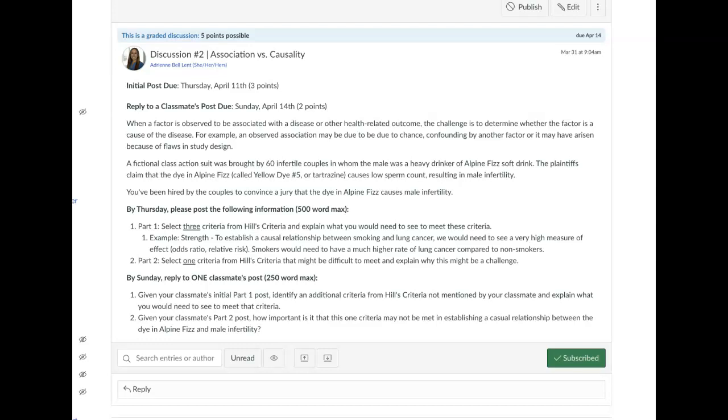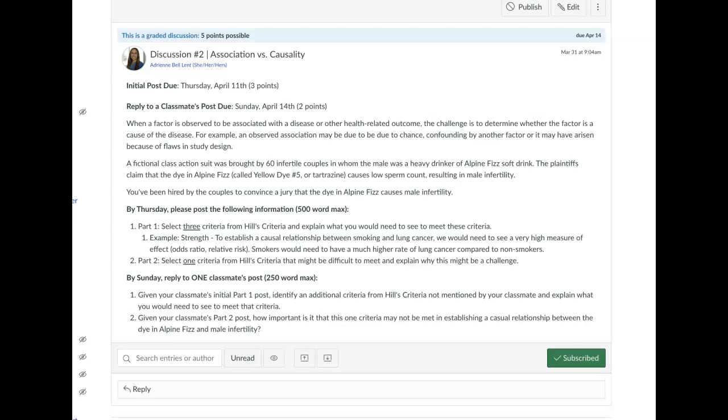I could pick the criteria of strength, and what I would need to see to meet that criteria is a really high measure of effect for the relationship between smoking and lung cancer, meaning I would need to see a really high odds ratio or a really high relative risk. I would need to see that compared to non-smokers, smokers have a much, much higher rate of lung cancer.